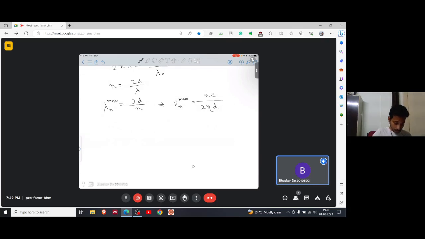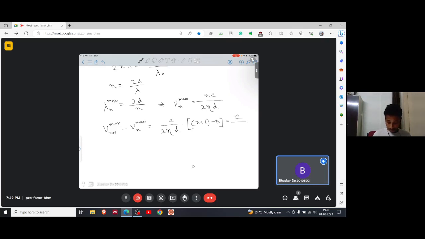Now the maximum frequency for the n plus 1th mode minus the maximum frequency for the nth mode will be c by 2 eta d times n plus 1 minus n.